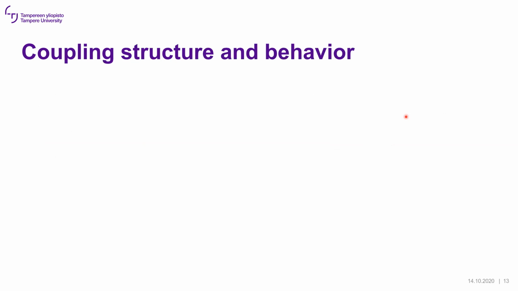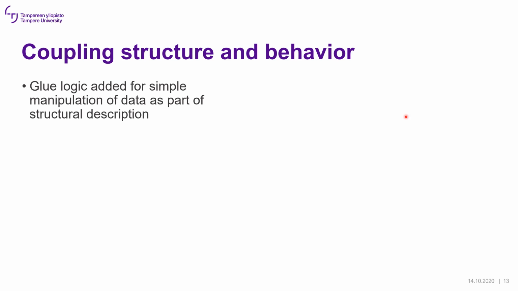The third pitfall we found is coupling structure and behavior. It's very typical to see glue logic used to make some simple manipulation of data as part of the structural description.